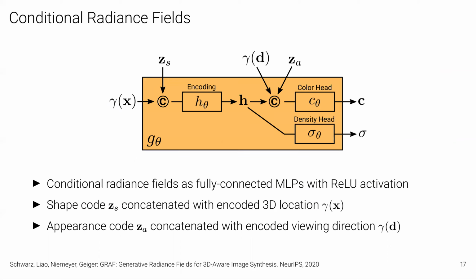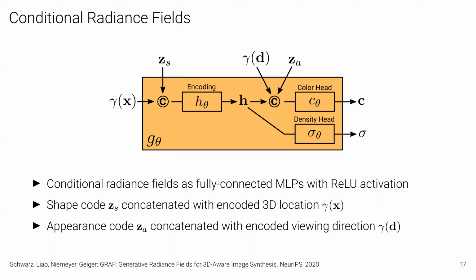But then the difference is that we concatenate a shape code we sample from our prior to the encoded 3D location. And further, we also sample another latent code, our appearance code, and concatenate this with our viewing direction. So only in this view-dependent branch, basically, where you regress the color value.